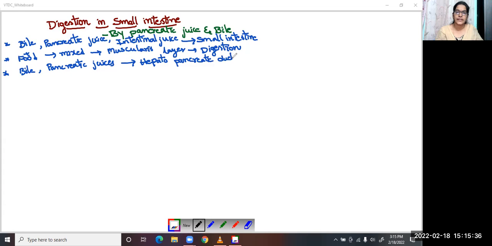So it is important to remember this point, from which duct bile and pancreatic juices are liberated. Answer is hepatopancreatic duct. Now let us see the constituents that are present in the pancreatic juice and bile.